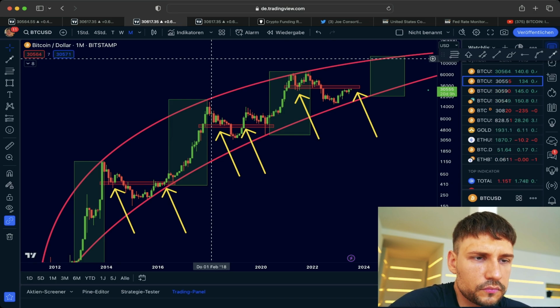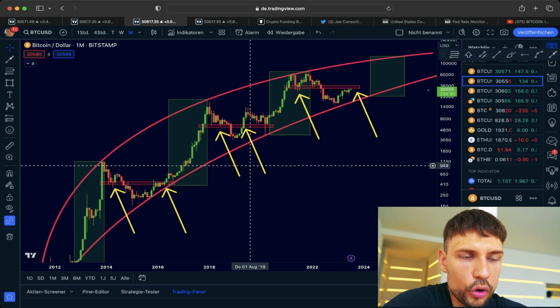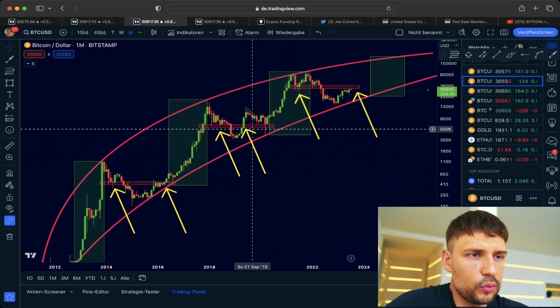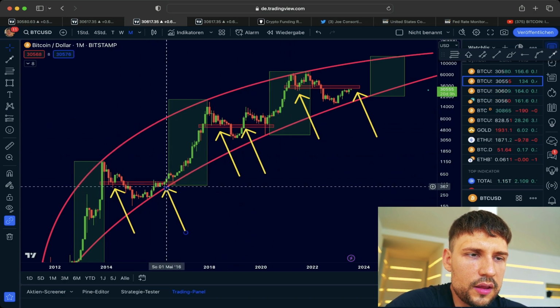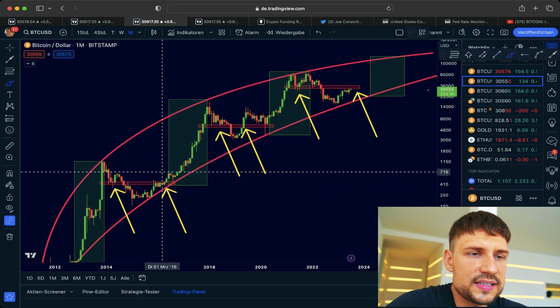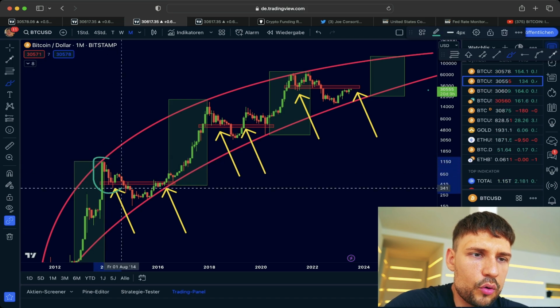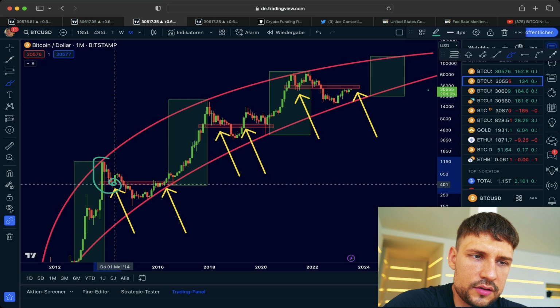Now let us quickly watch the big picture. And right now, obviously, here some not bullish but also not bearish things. We are watching the past, and what we saw in the past, we always retested the previous bull bottom. So we had here the bull market 2013 and created a bull bottom, right? You see it here.